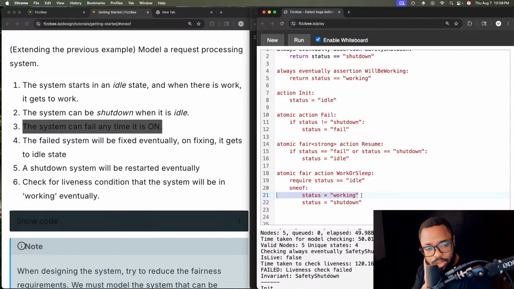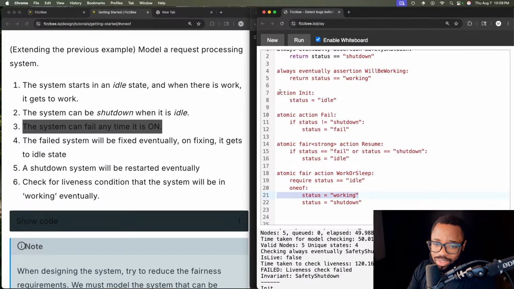There's nothing in here that forces a switch from working to not working. Yeah, actually, that's a pretty clear cut case of invariance check.